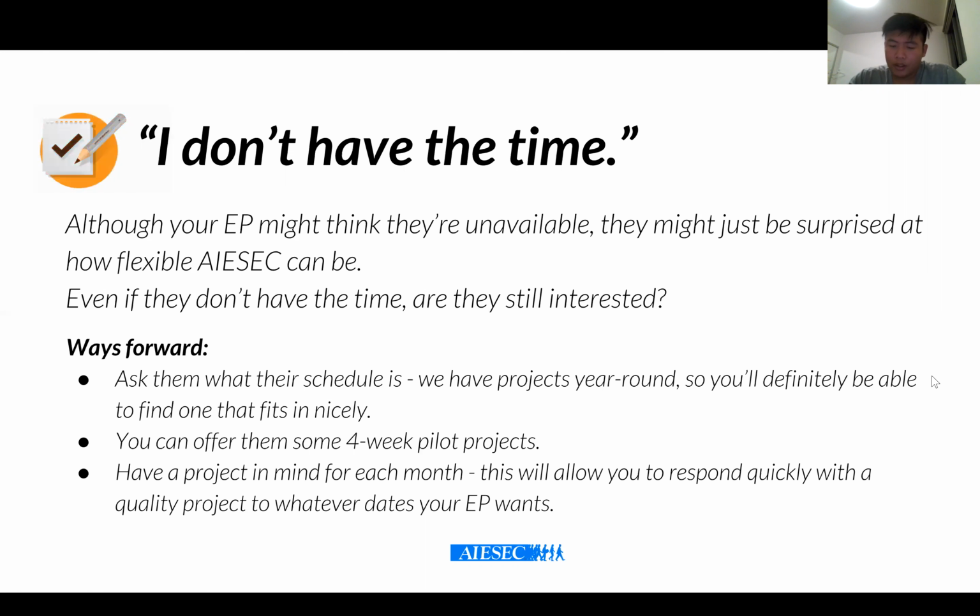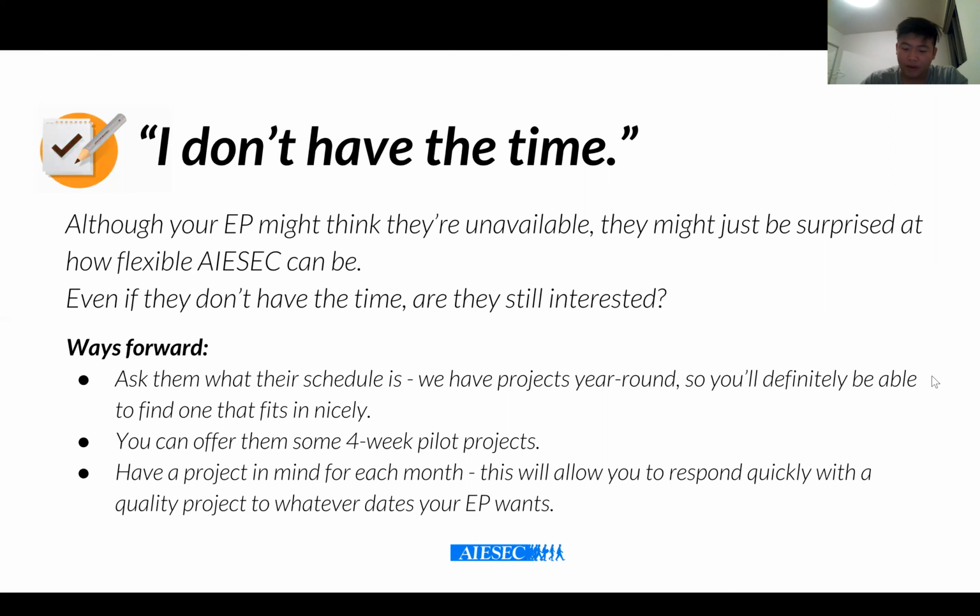You have particular projects that start at particular months, so that when you get to know the EP's schedule, you don't have to spend time with the EP on Options Portal going through all the different projects, because there's a huge number, and you'll take forever to find the one the EP probably likes.